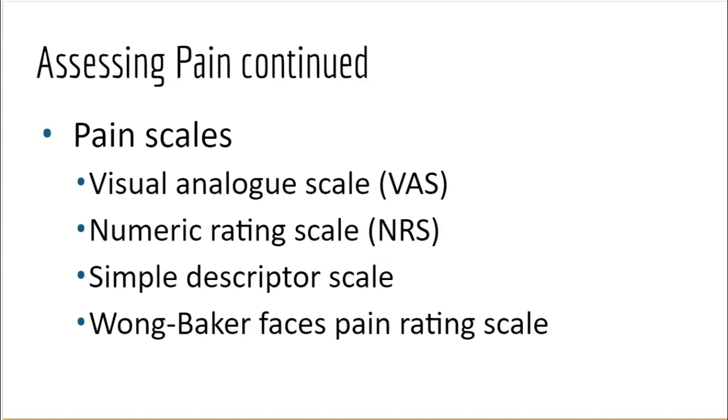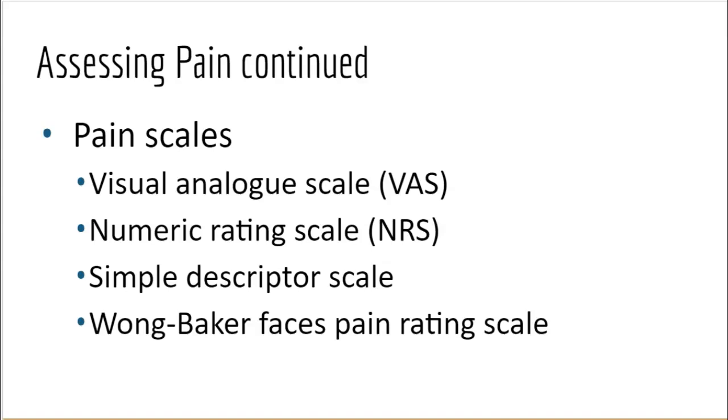You do want to know these types of scales, and I will show other types during lecture, but we want you to understand what the different types of scales are. So let me pull up a visual analog scale.